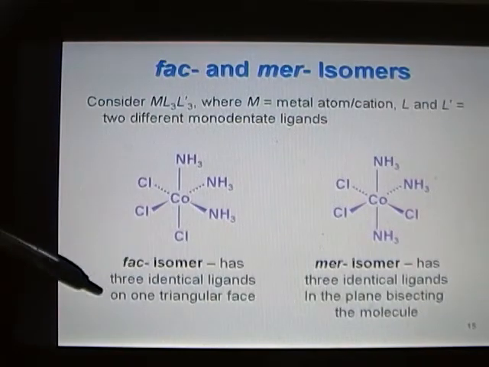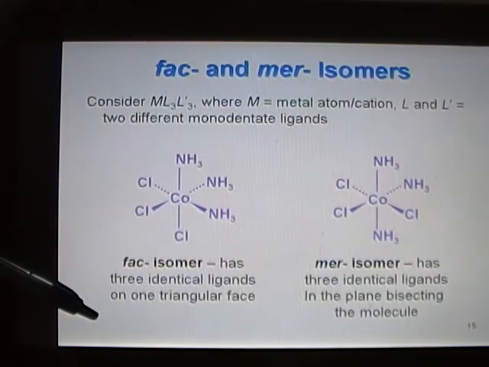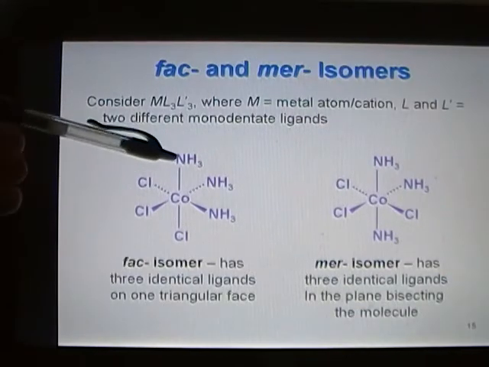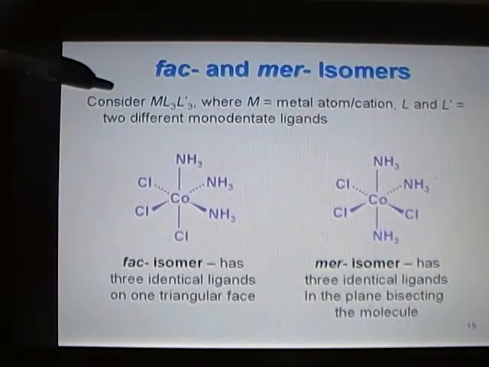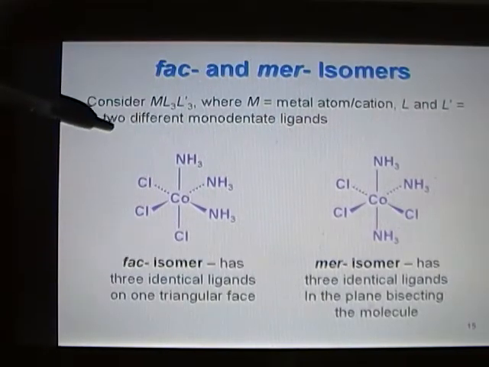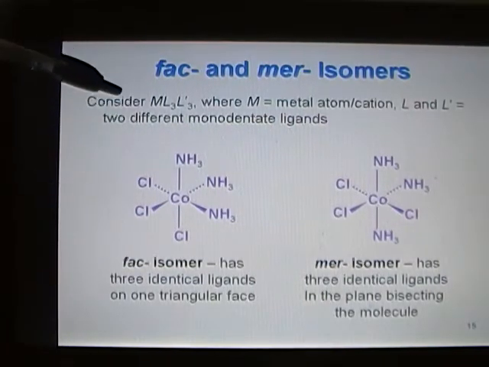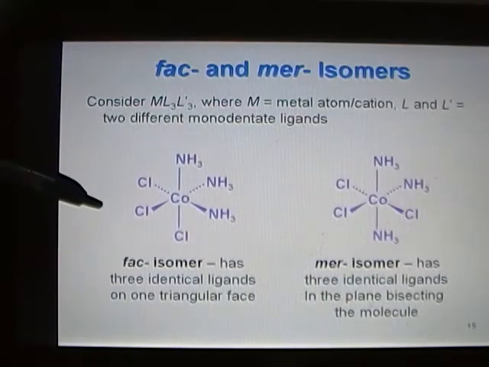That forces all three of the NH3 groups to be 90 degrees in relation to one another. This is the fac isomer, and it has three identical ligands on one triangular face of the compound.